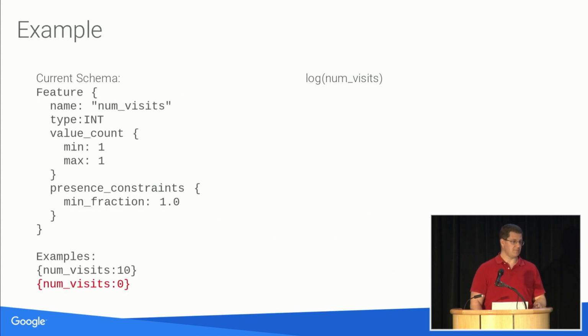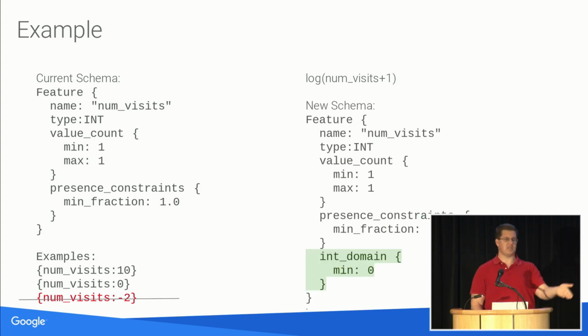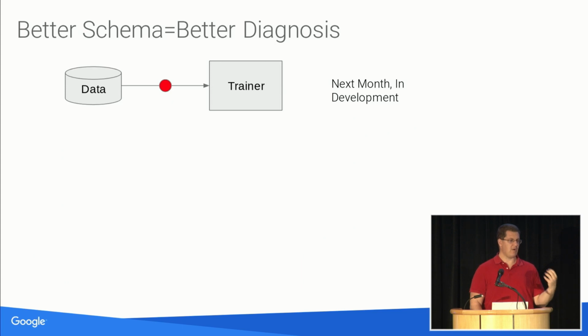So in particular here, if the num visits is 0, well, that looks like a perfectly valid example. We need to fix our trainer. But if we said num visits is -2, oh, okay, well now we actually have to fix the schema and add a constraint. So we can basically go through with this, and now we have a better schema.